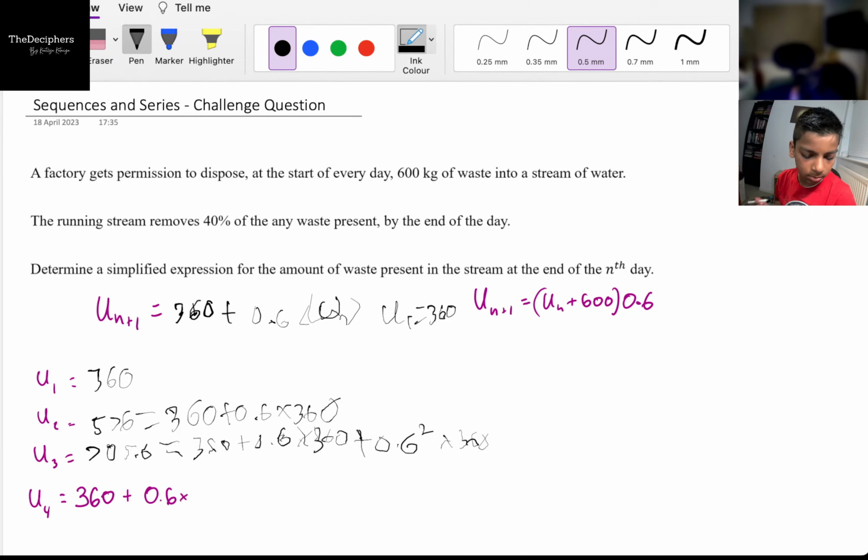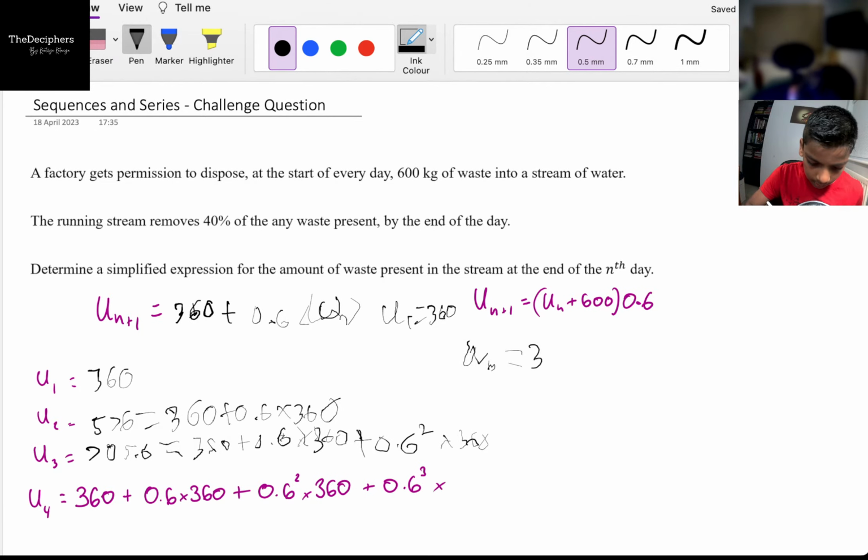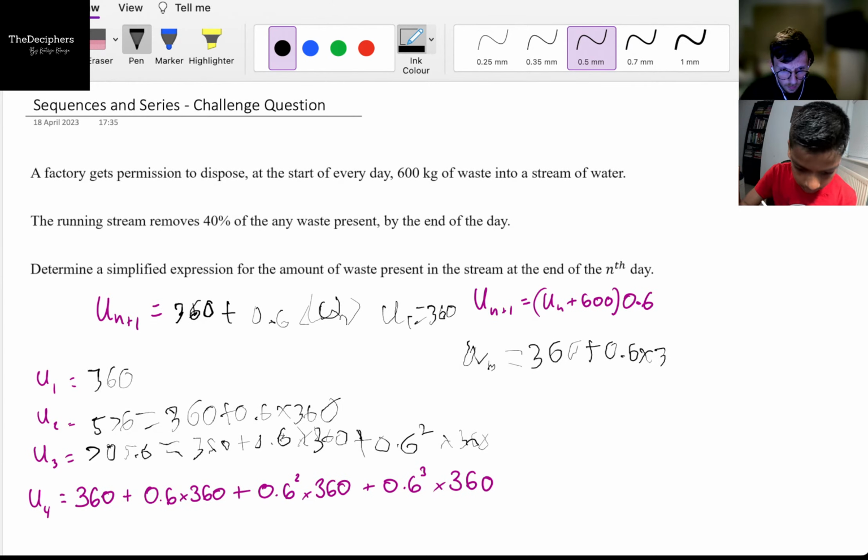So yes, then u of n would just be 360 plus 0.6 to the power of 1 times 360 plus dot dot dot plus 0.6 to the power of n minus 1 times 360.